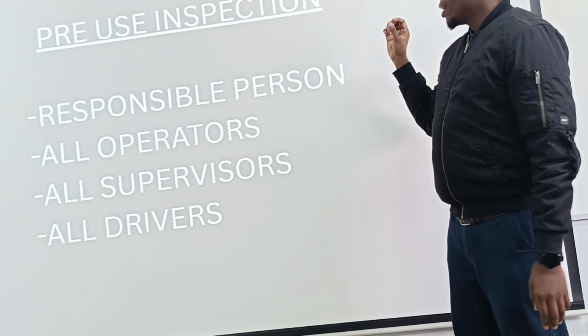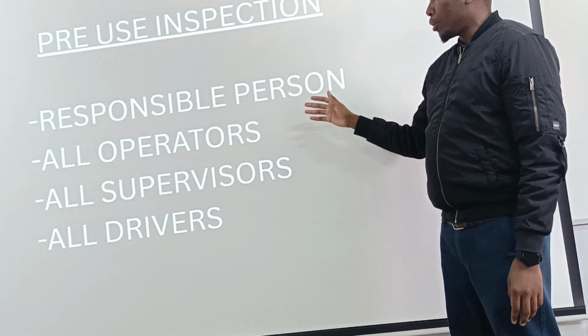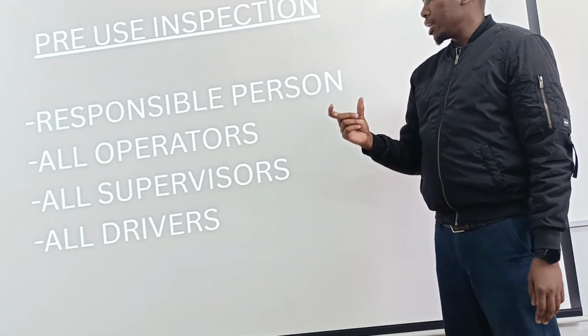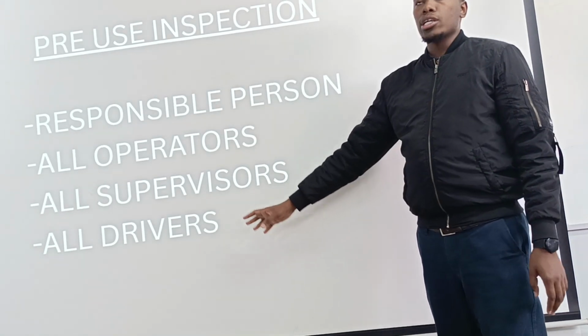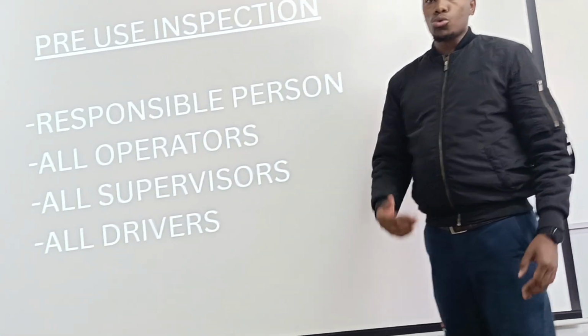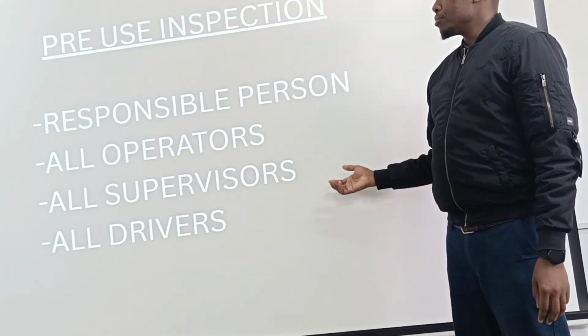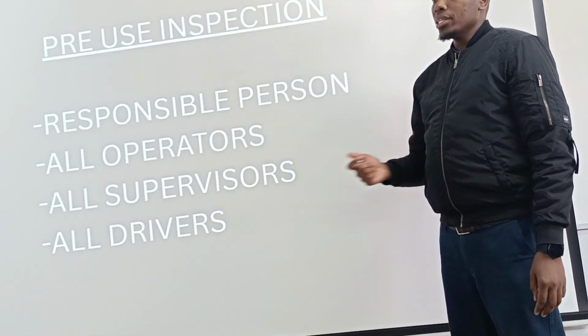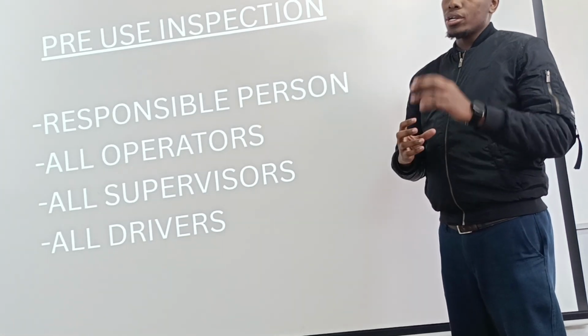So on this one, the responsible person is the person who has a license. So it should be all the operators that are competent, all the supervisors with a driver's license, or I can just say all the drivers that have licenses. When it comes to the machines, after doing the inspection and writing everything, you'll see there are categories.